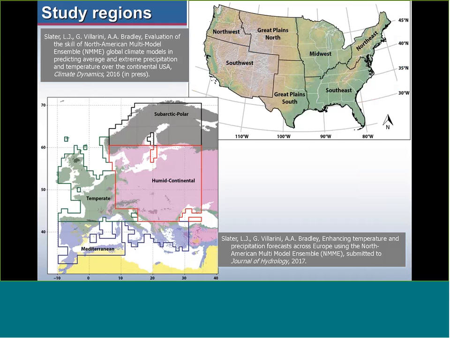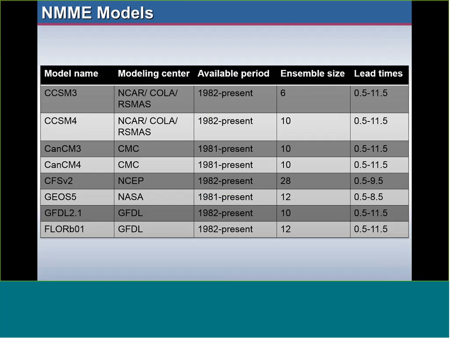The study regions that we considered are the continental United States and Europe. We have divided the United States into 7 macro regions for which I will show the results, and we have divided Europe into 4 regions based on the Köppen climate categories, and you can see them here.